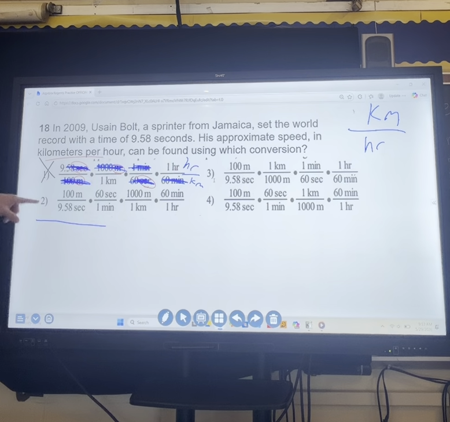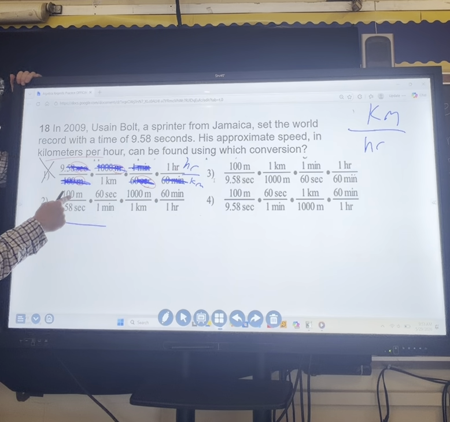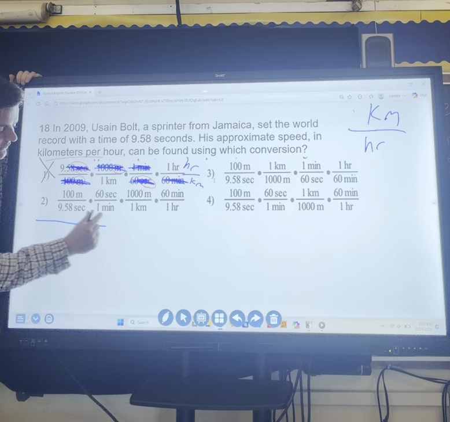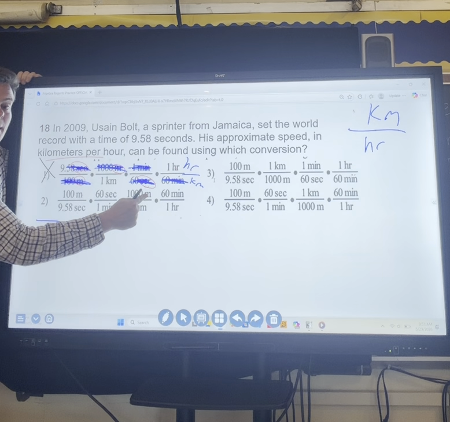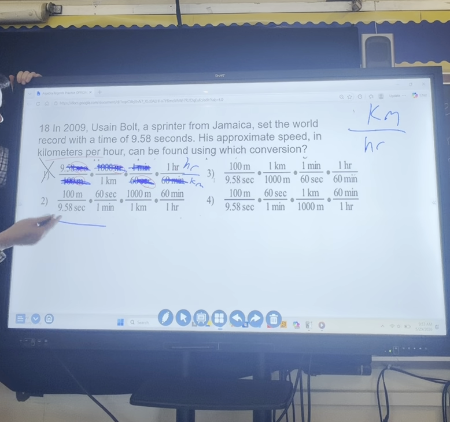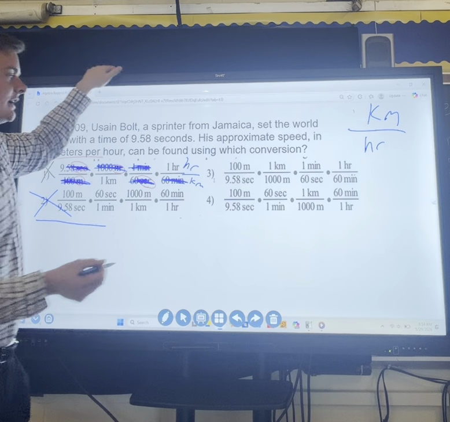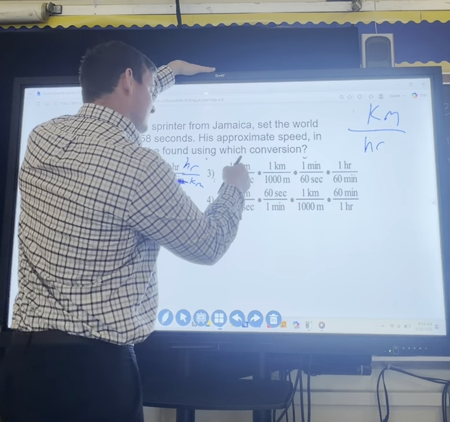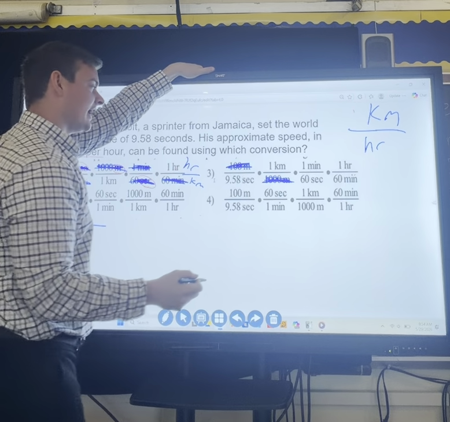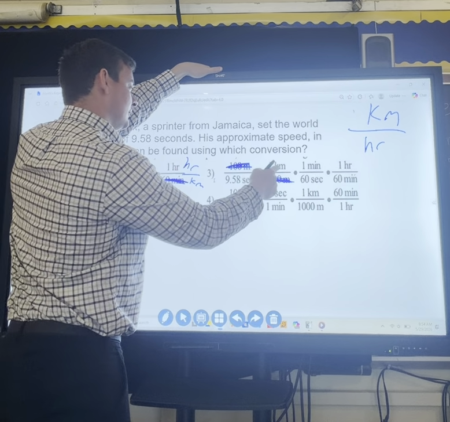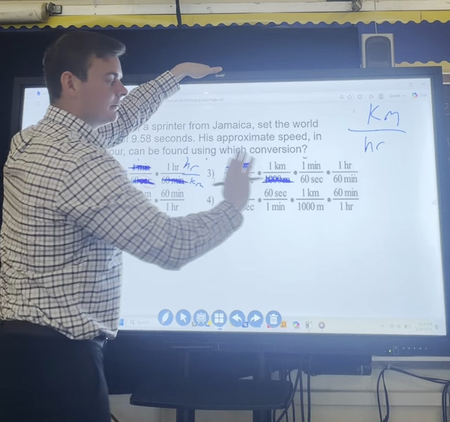No good. Number 2, I see meters here, right? I need to find meters on the bottom. Meters are not on the bottom. Meters are on top. Problem. Not gonna work. Immediately wrong. Number 3, I see meters on top, meters on bottom. Nice. I see kilometers on top, nothing. Okay.